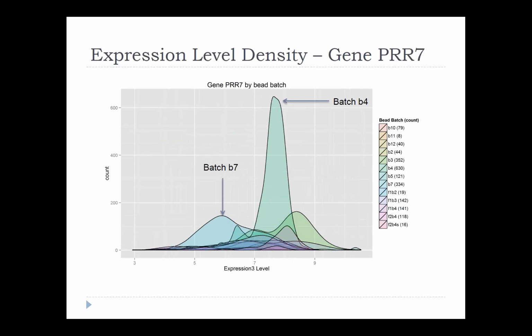Okay. And you have the same difference between the two main batches. Okay, so I guess I will change my story by 180 degrees. It looks like maybe the whole batch is slightly different for all genes.